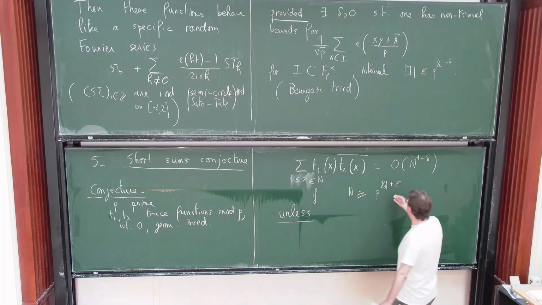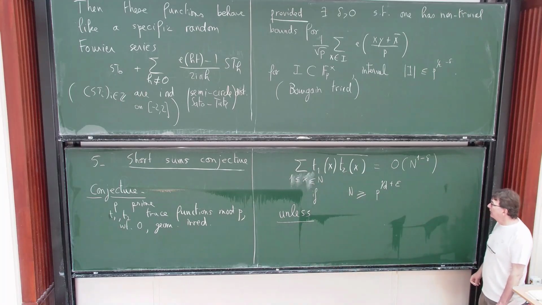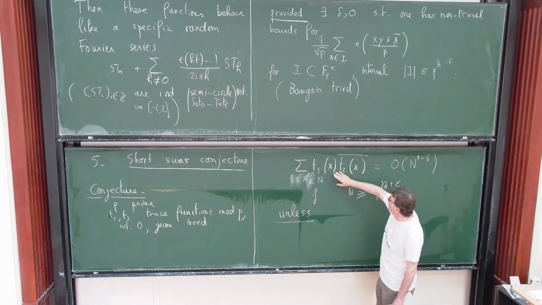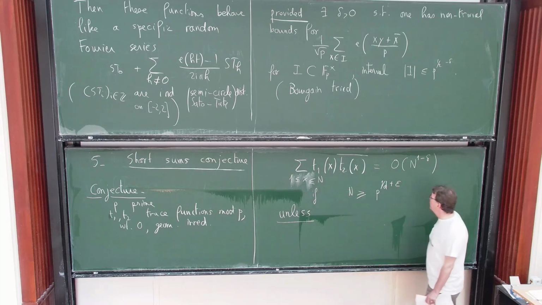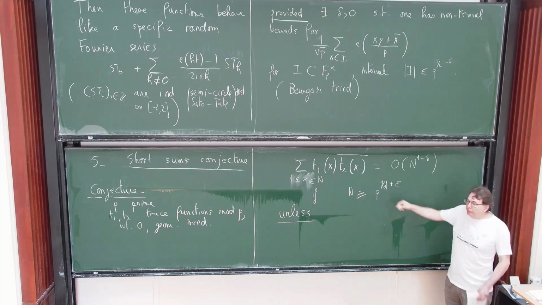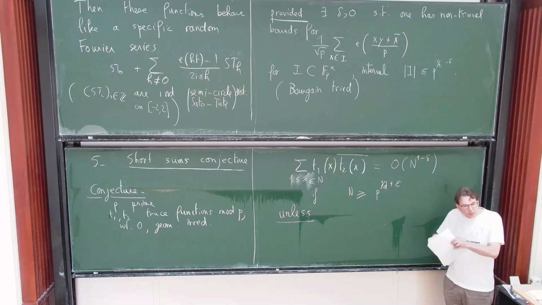so when can this not be a true statement? So suppose that T2 is 1 and T1 is the phase of an additive character of a polynomial of degree less than d, and you take the initial interval and you take small coefficients.